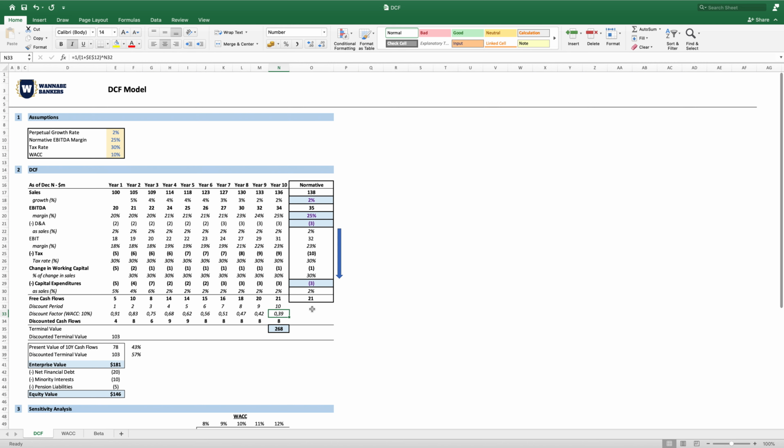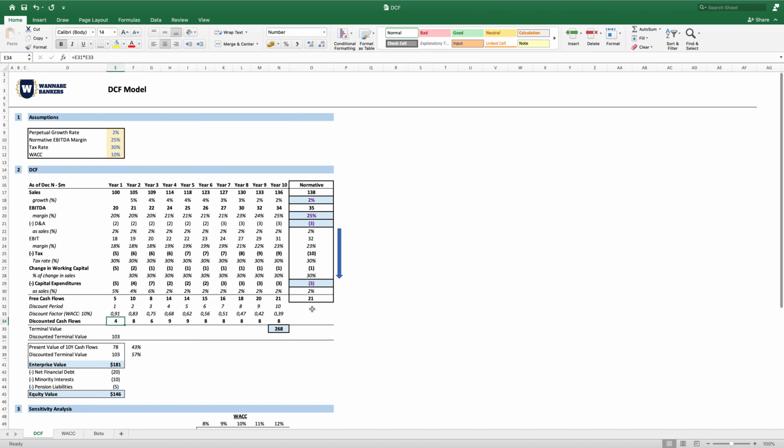So this is the time value of money. The further in time a cash flow is generated, the further it is going to be depreciated. And this is reflected in the discount factors that you see here.